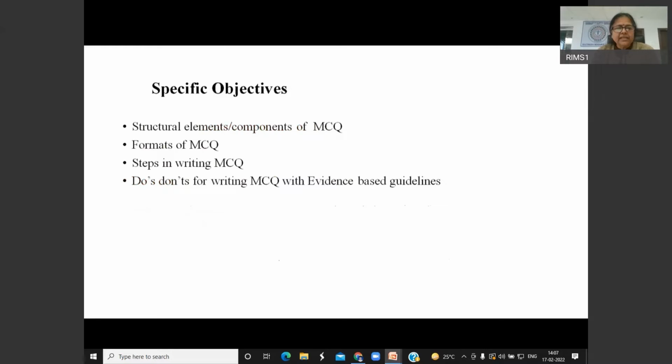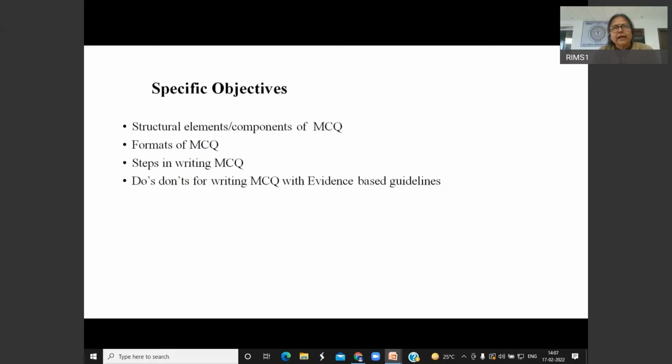Today's discussion main objectives are: we will go through the structural elements or components of the MCQ, then formats of MCQ, steps in writing MCQ, and then we will discuss do's and don'ts for writing MCQ with evidence-based guidelines. I am saying evidence-based guidelines because whatever we will be discussing here is based mainly upon two books.